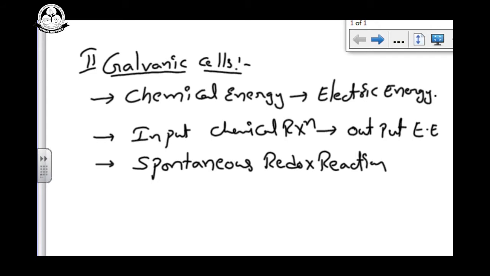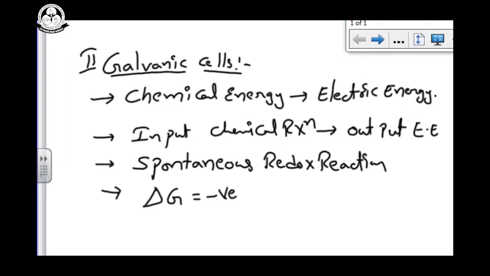Spontaneous redox reaction means as per thermodynamics, the reaction is spontaneous. Gibbs energy will be negative. In electrolytic cells, the delta G value is positive. If the delta G value is positive, delta H is also positive.